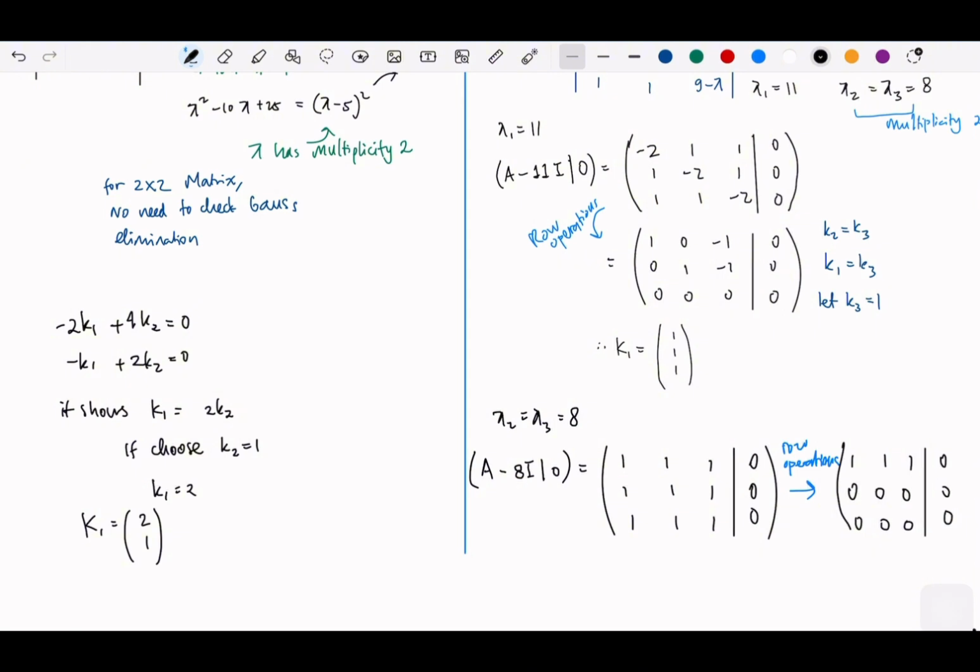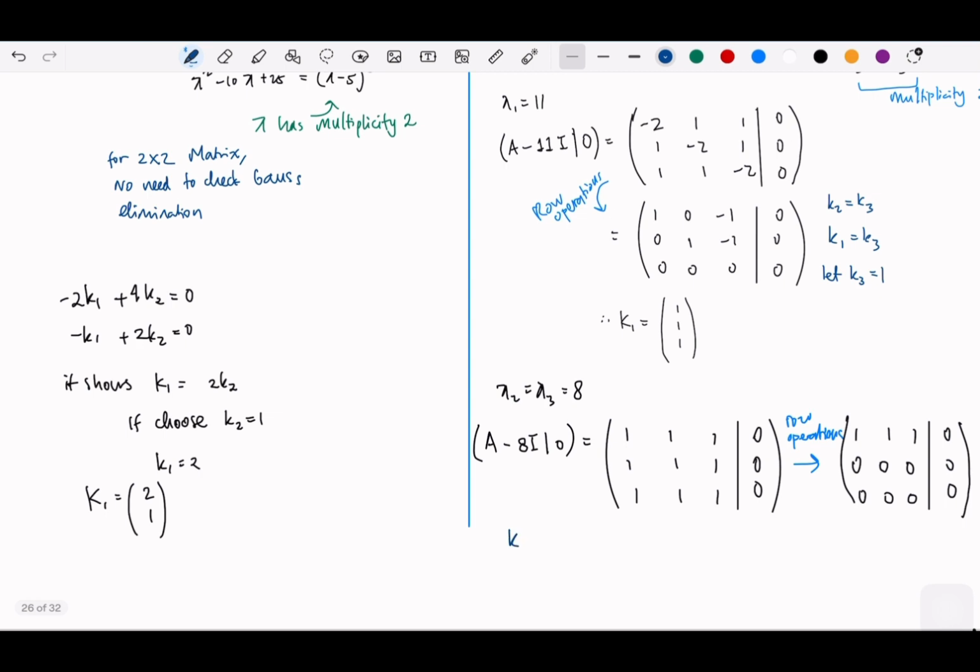Because it's only 3 rows, so the only possible way to make it 0 is the 2 rows, right? And because of these 2 rows, we have a set of equations that k1 plus k2 plus k3 will be equal to 0, right?